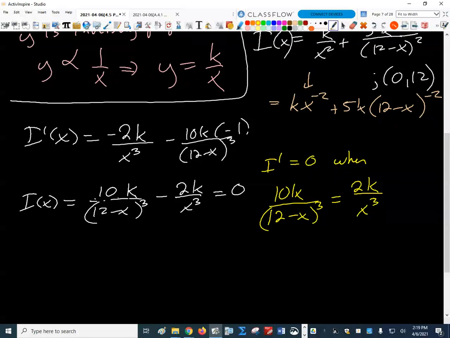Well, what do you notice happens here? What happens to the k's? They cancel. Okay, why are the math gods telling us that? What's that mean, that the k's cancel?